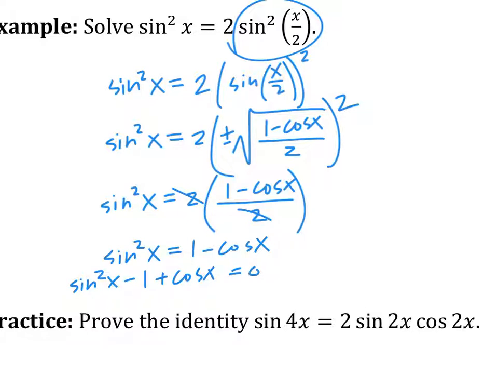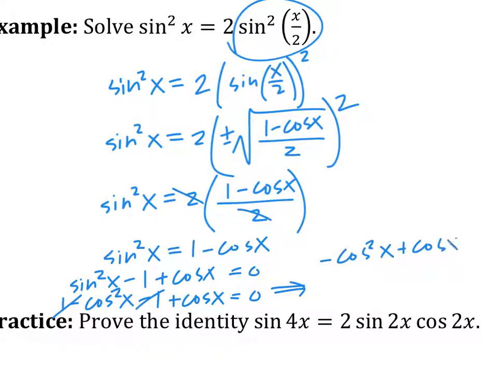Again, this is a point where we cannot solve because we have sine and cosine in the same equation, and it's not in factor form, so we cannot solve. So what we want to do is either change everything to sine or everything to cosine. In this case, it's much easier to change everything to cosine. So sine squared is 1 minus cosine squared, minus 1 plus cosine is equal to 0. So the 1's cancel. We get minus cosine squared x plus cosine x is equal to 0.